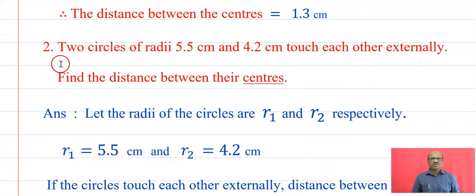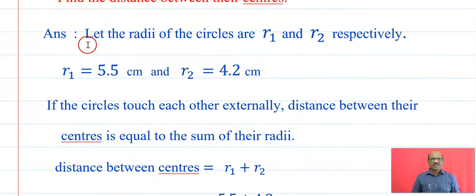Now the next problem. Two circles of radii 5.5 cm and 4.2 cm touch each other externally. Find the distance between their centers. Let the radii of the circles be r1 and r2 respectively. r1 is equal to 5.5 cm, r2 is equal to 4.2 cm.